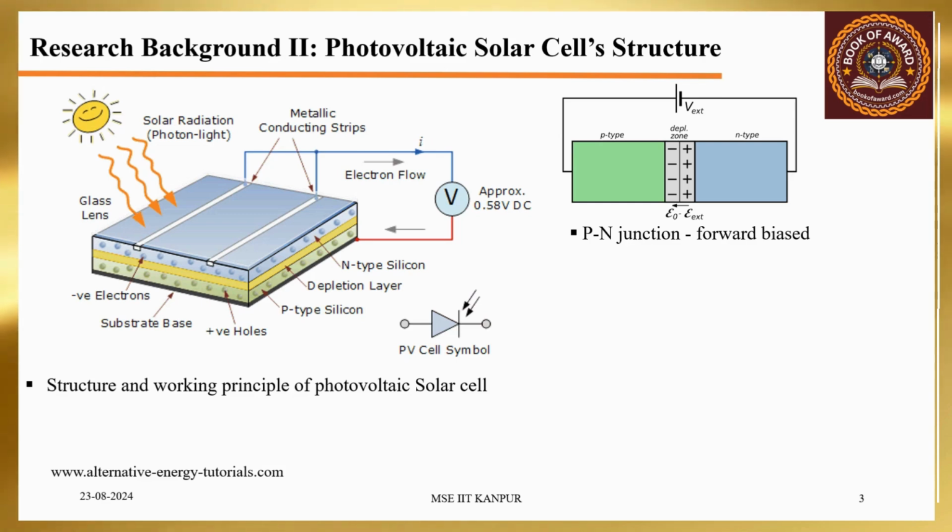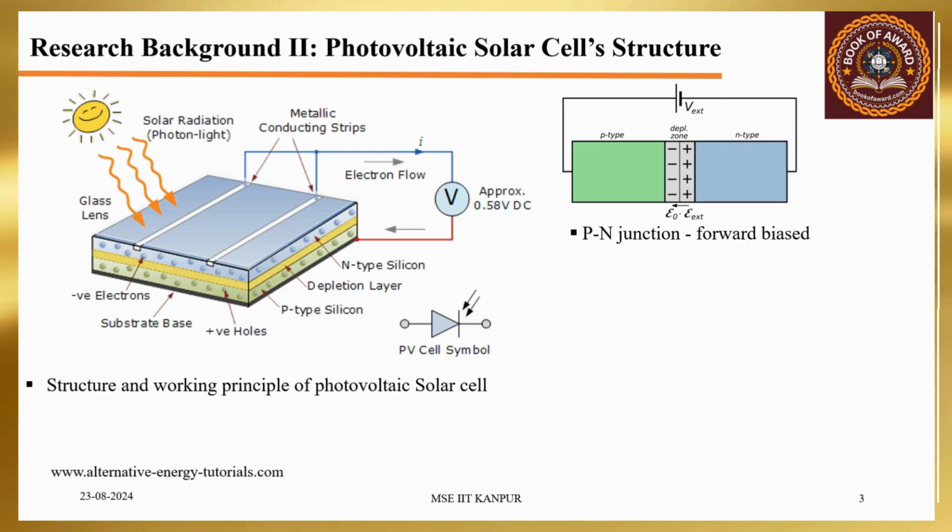These electrons and holes are collected by the electrodes of the photovoltaic solar cell, which are made of metals. When these electrons and holes flow in the circuit, it creates electricity. This is the symbol of a photovoltaic solar cell.